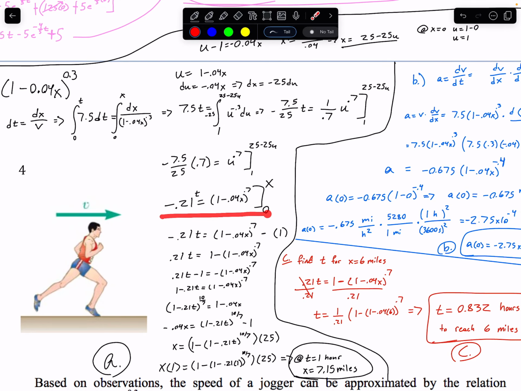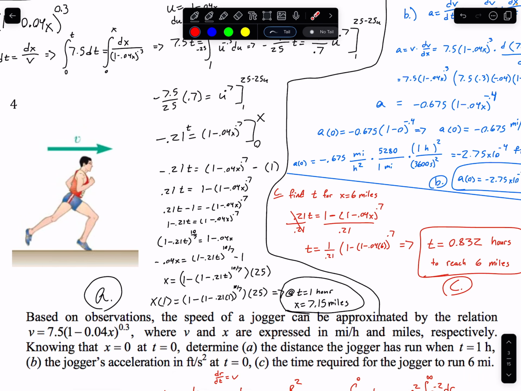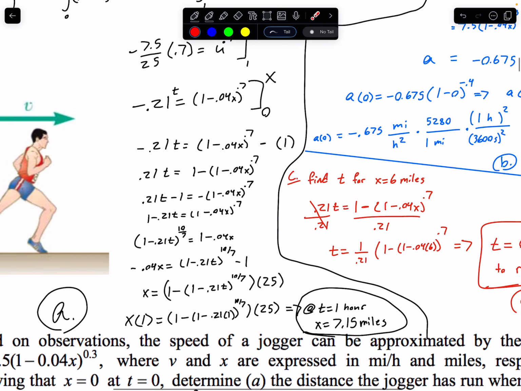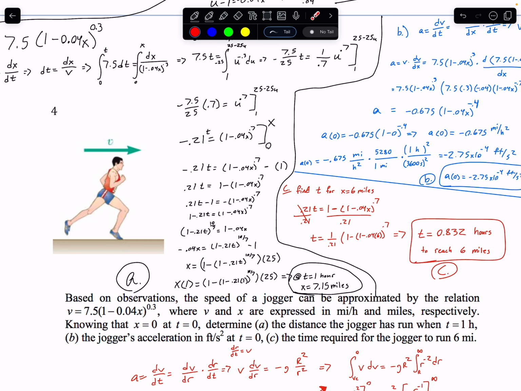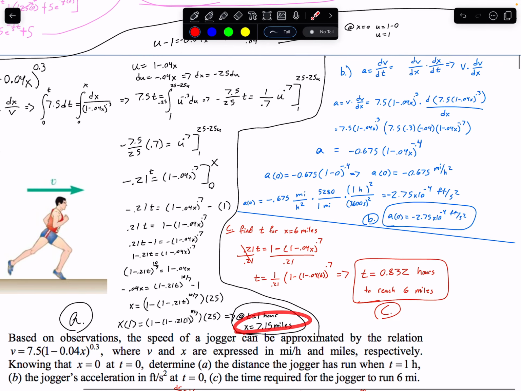Then we kind of go back, or I re-integrate everything. I'm not sure if that was the easiest course of action or not. And then we're just going down, manipulating to be able to get x alone, so that we can just sub in, we can put in our t value, which is 1, and we can get a distance from it. And we get that is 7.15 miles.